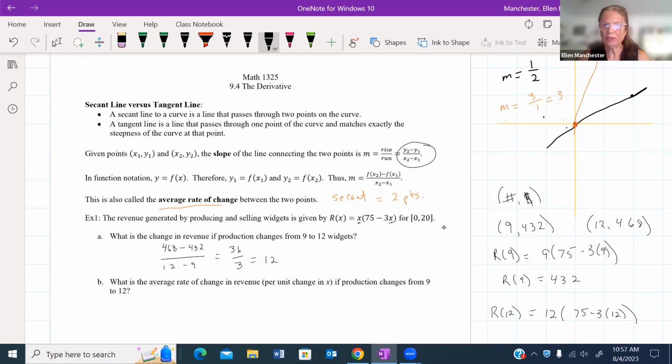So my average change in revenue is 12. Because we're talking about revenue, the average revenue that I'm generating is $12, because this is my slope. It's the dollar amount divided by the number. So it's $12 per widget. That's how my revenue is changing.